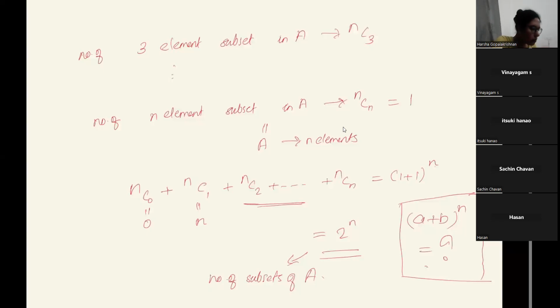Now let us go to the next question. A equals the set {0, 1, 2}. B equals the set {x, y, z}.